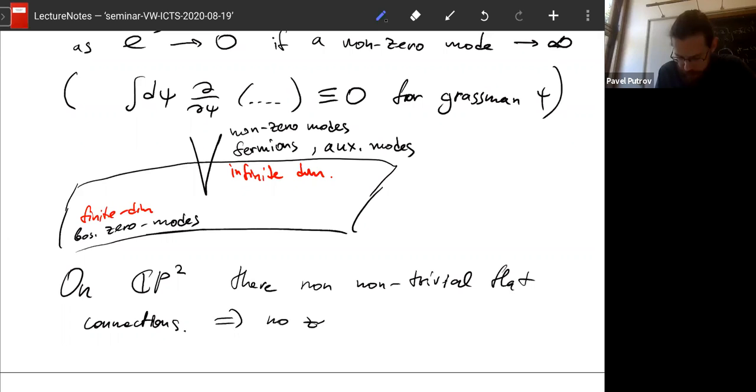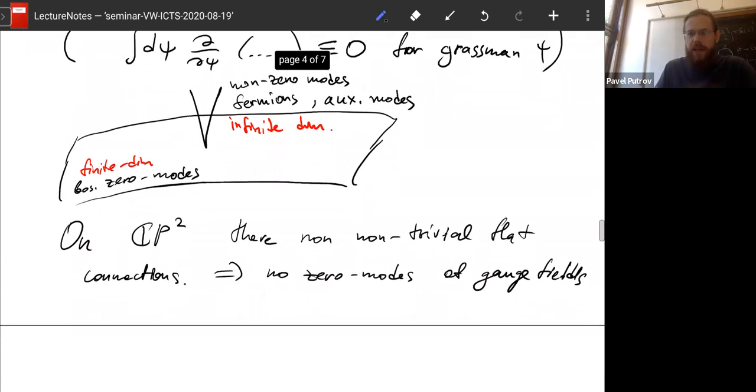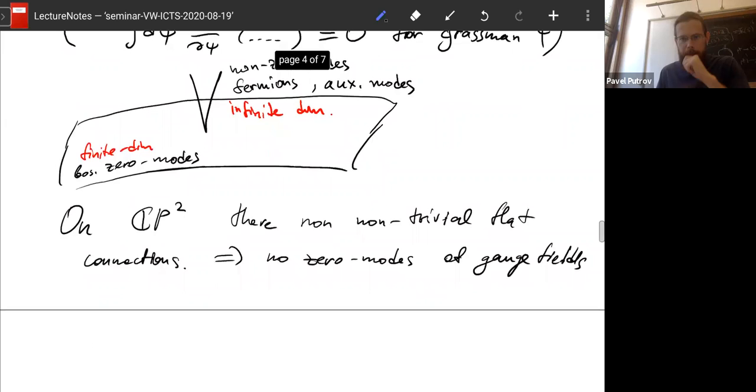So this means there are no zero modes of gauge fields. So the only zero modes can come from the fields which originate from the scalars of the untwisted theory.